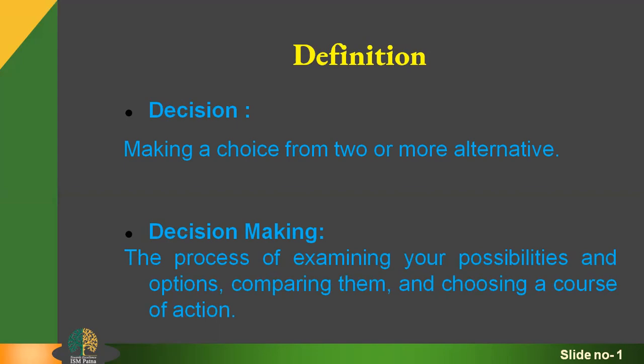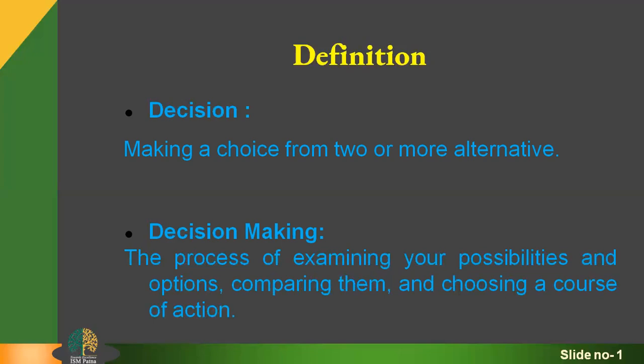So this process, this phenomenon, is decision. When you perform this activity, selecting one choice from available multiple alternative choices, your activity is decision, first of all.